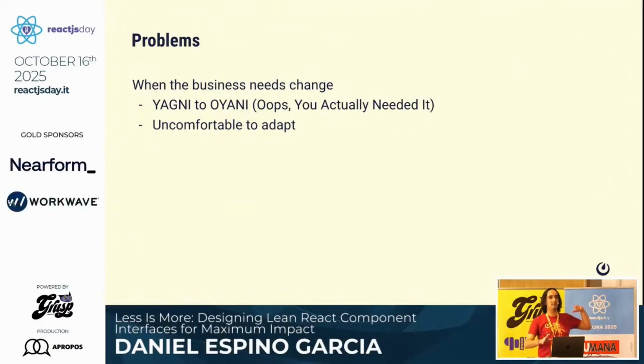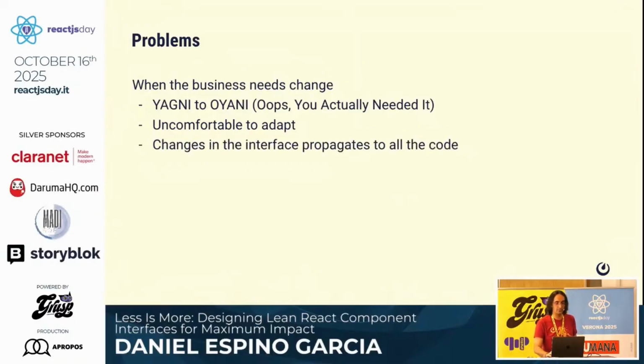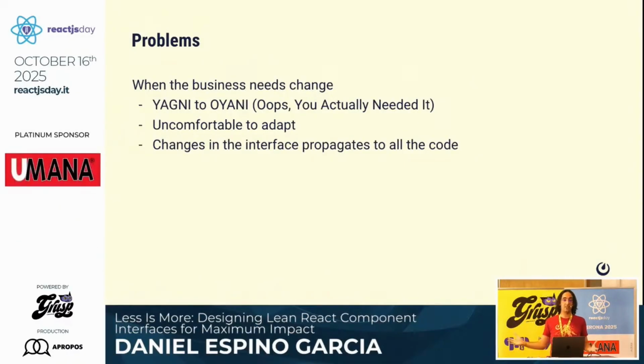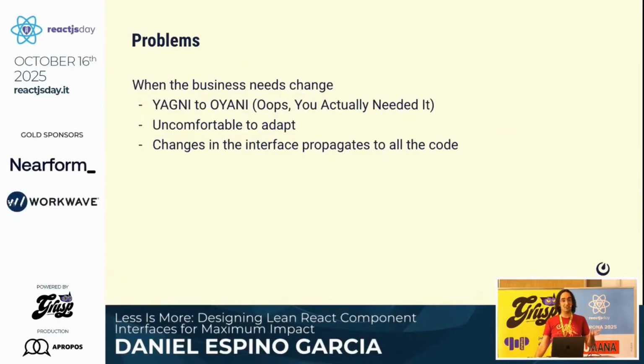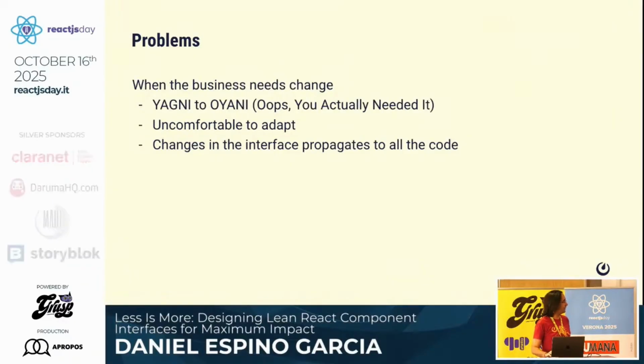I have to use it in the places that need green buttons. It's uncomfortable. And then whenever you make a change in the interface, in whatever interface, that is going to propagate through the code. Like everywhere that component is used, you will have to update in some other file. But yeah, those are many problems.